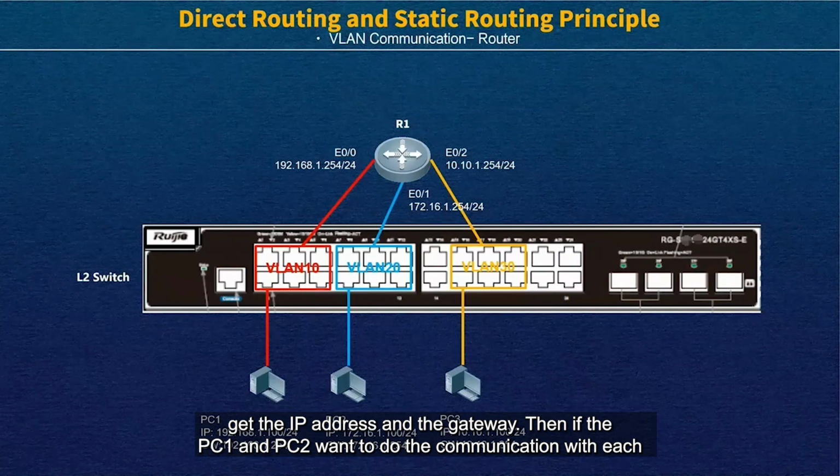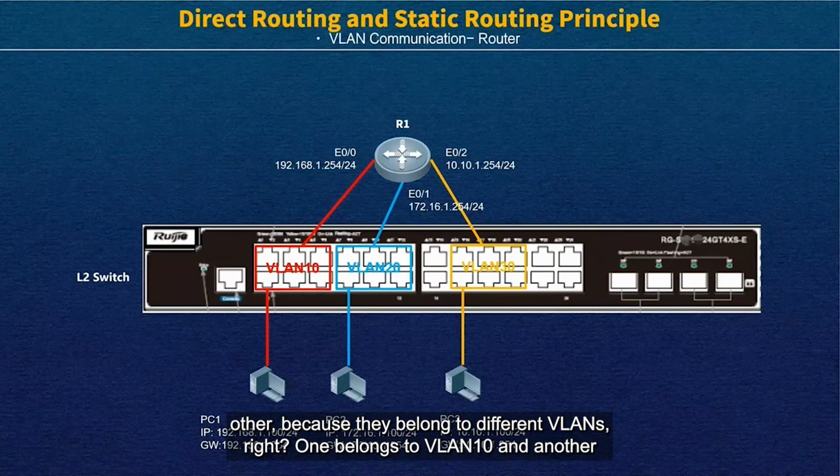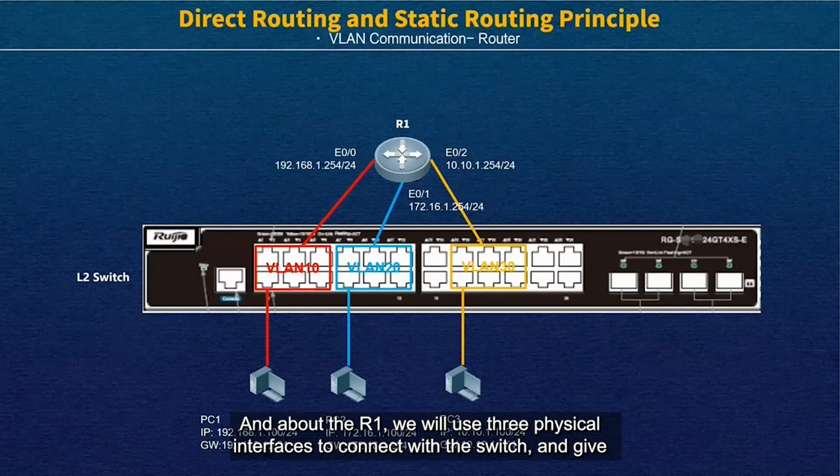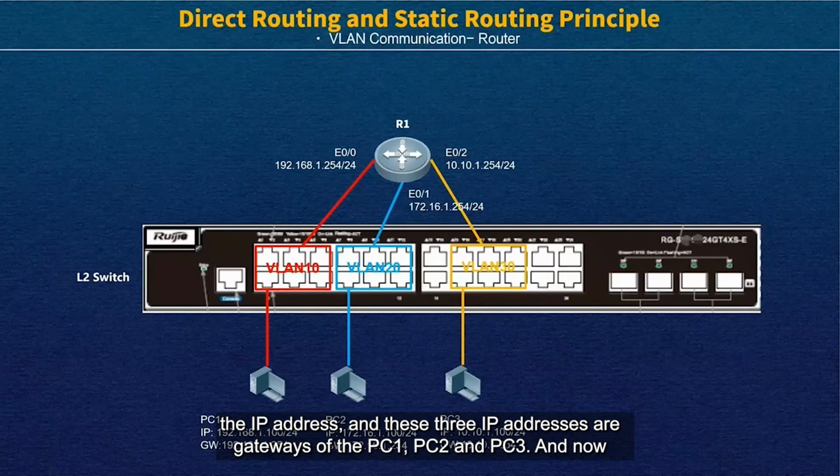Then if PC1 and PC2 want to communicate with each other, because they belong to different VLANs, right? One belongs to VLAN 10 and the other belongs to VLAN 20. So now we will use Route 1 to provide the communication. For Route 1, we will use 3 physical interfaces to connect with the switch and give them IP addresses, and these 3 IP addresses are the gateways of PC1, PC2, and PC3.